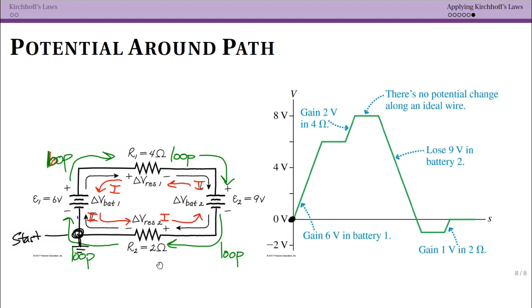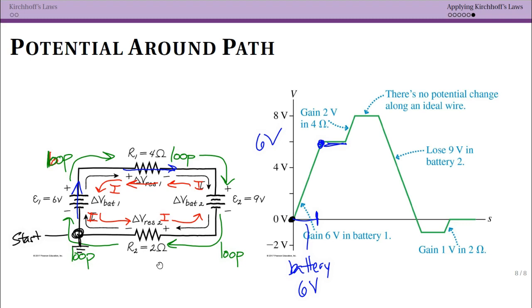Now we go through my battery and I gain 6 volts. So that takes me up to this point. This region here is being in the battery, where this is our 6-volt battery. Then we are in this flat region, which is just being in the wire. That doesn't really matter. But now we get to this resistor. Note that I am traveling this way through the resistor, but my current is going this way.